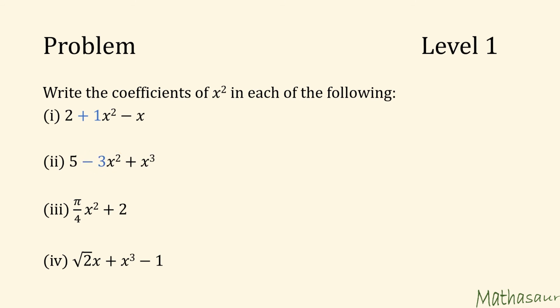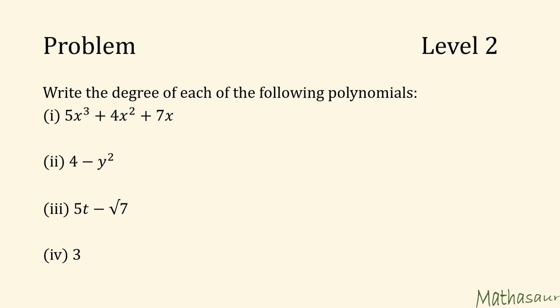So minus 3 would be the coefficient of x square here. In the third polynomial, pi by 4 is the coefficient of x square. How about the fourth polynomial? The term x square does not appear at all. We could still write x square and multiply it with 0. So the coefficient of x square would be 0 here.